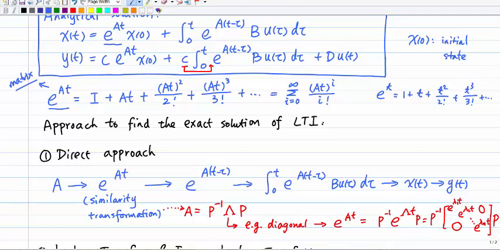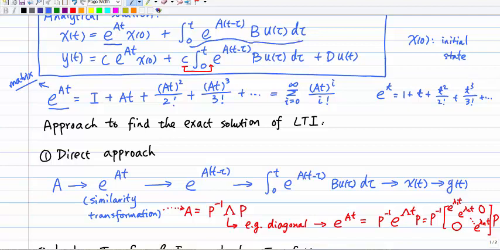Once you figure that out, you can also figure out this one. The only difference is that once you have t minus tau over here, this t becomes t minus tau. That's the difference. Once you figure that out, you can compute the integration from 0 to t of e to the A (t minus tau) B u(tau) d tau, which is exactly what I mentioned right over here.